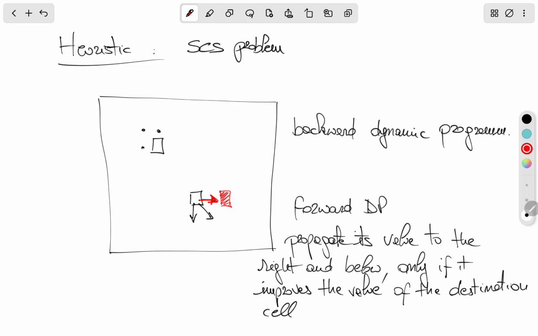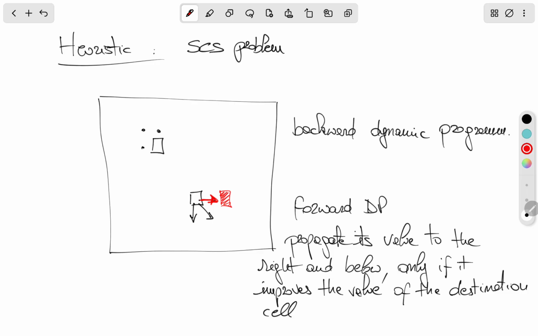Focus on the forward part. Have you already seen a forward dynamic programming algorithm that is not described as a forward dynamic programming algorithm? The answer is yes. Which one? Maybe A star. A star is what we are going to describe at the end.